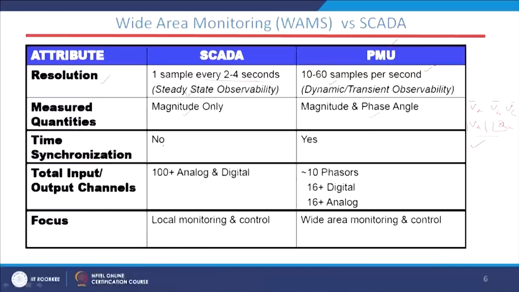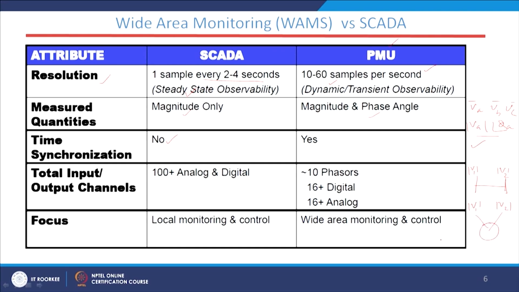Now, as far as time synchronism is concerned, time synchronization is nil in case of SCADA. Let us say we have two buses. Here is the voltage measured at this bus location, and here is the voltage I have measured, V1 and V2. These two voltages are measured at different times. If I want to compare these two, I have to bring them to a common time frame.